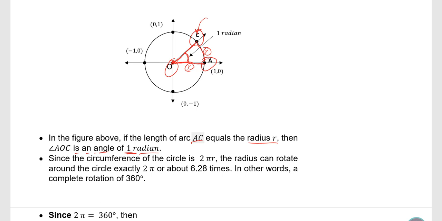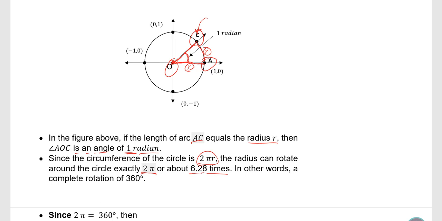Since the circumference of the circle is 2 pi r, we know this from before, the radius can rotate around the circle exactly 2 pi, or about 6.28 times.